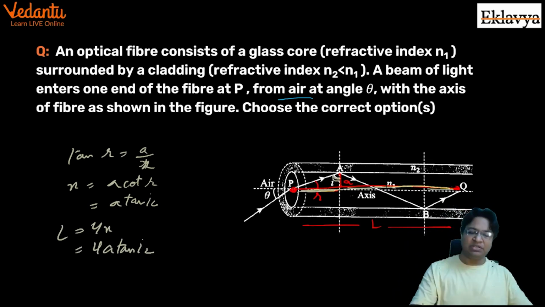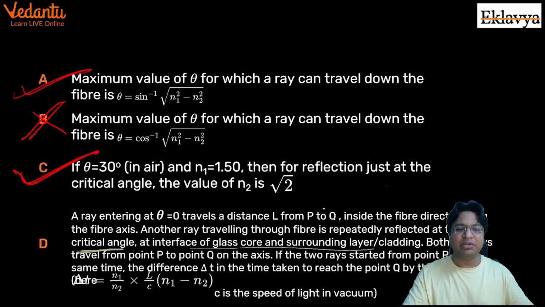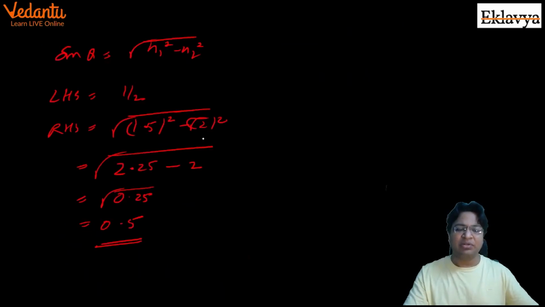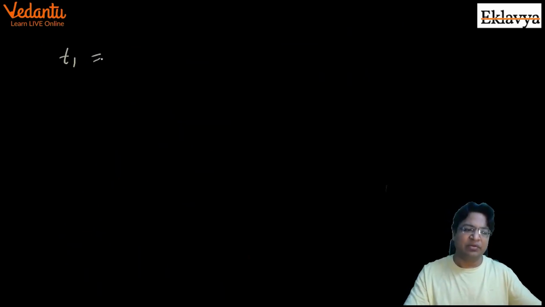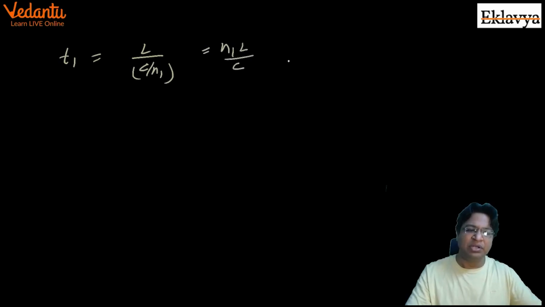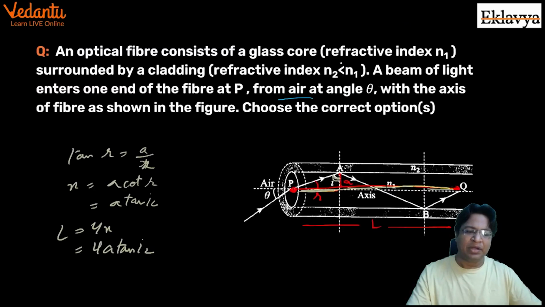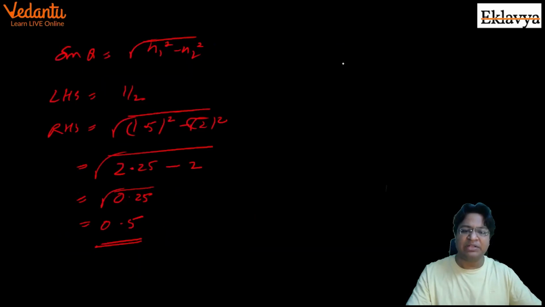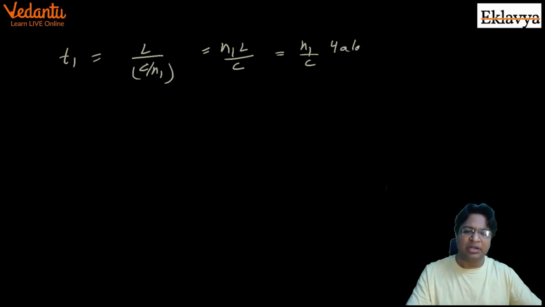Now to cover this distance, the time required, T1, would be L upon the speed in the medium, which is c by n1. So it would be n1 L upon c, which can also be written as n1 by c into L. L was 4 times a tan ic. Now we have to calculate T2.